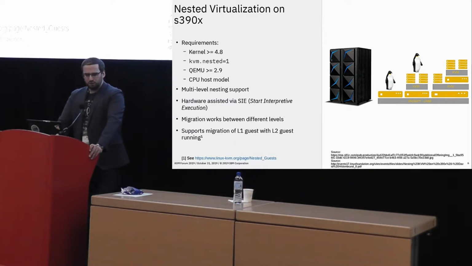We support migration of a level 1 guest, for example, even if our level 2 guest is running. And on S390, as you can see on the right side, we have even another level of virtualization, but this is just a detail because our partitions are already virtualized.